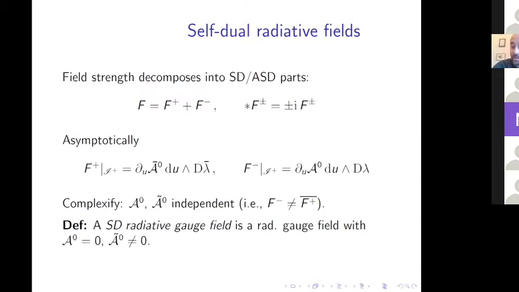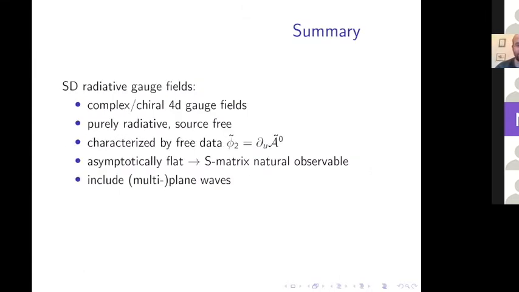Those are radiative gauge fields which are complex, characterized by their curly A naught being 0 and the curly A twiddle being non-zero. In other words, we kill half the curvature of the gauge field, we kill the anti-self-dual part, we leave the self-dual part free. And it's freely specified by curly A twiddle naught. Okay, so that's just a definition.